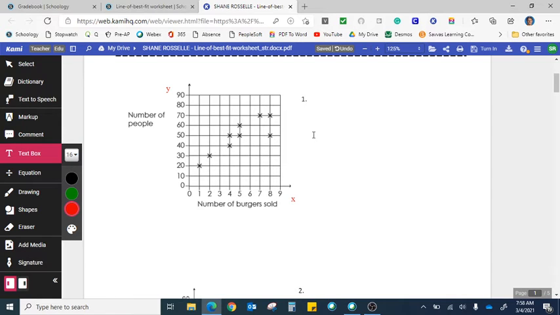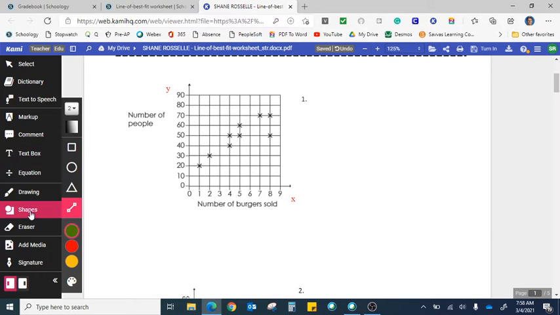The first thing is to draw a line of fit that has two characteristics. One, it's parallel with the data, and two, it's generally right in the middle, so roughly speaking you have the same number above as you have below when you draw the line. So I'm going to select shapes and try to draw a line that is parallel.